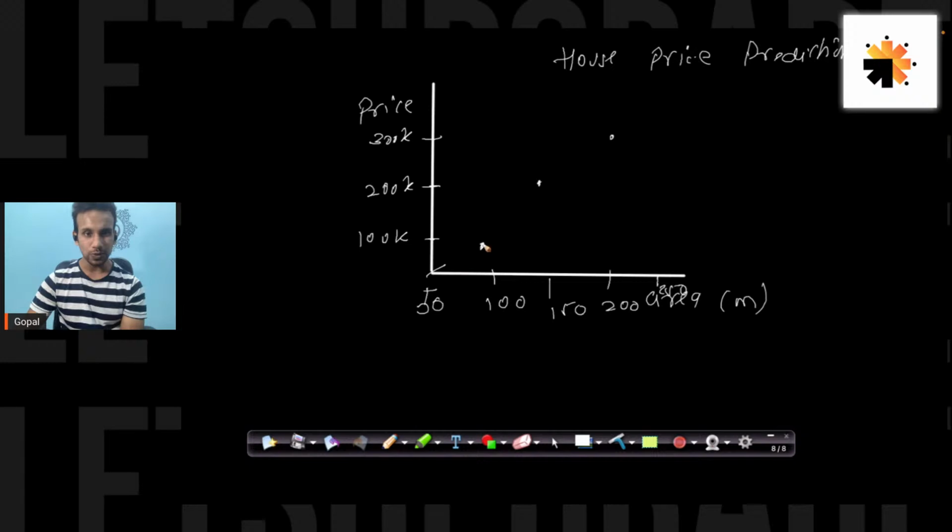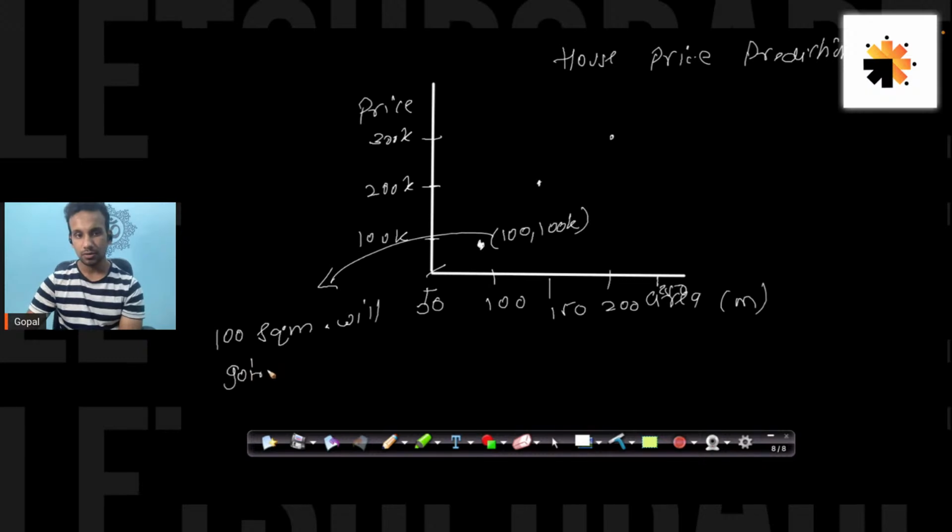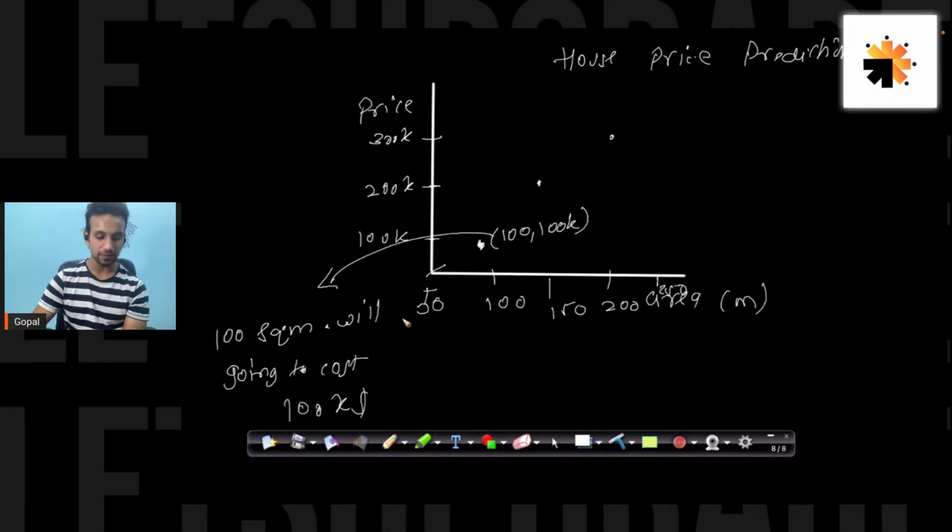What coordinates can I have here? 100 comma 100k. What I mean by this is that 100 square meters is going to cost 100k dollars. Let's have it in dollars.